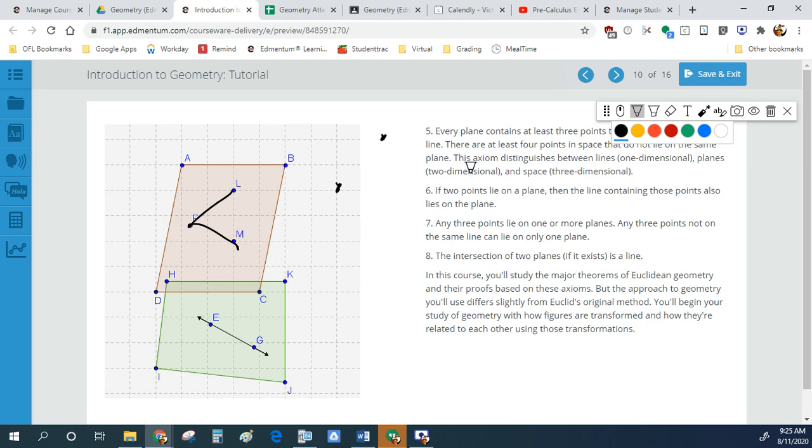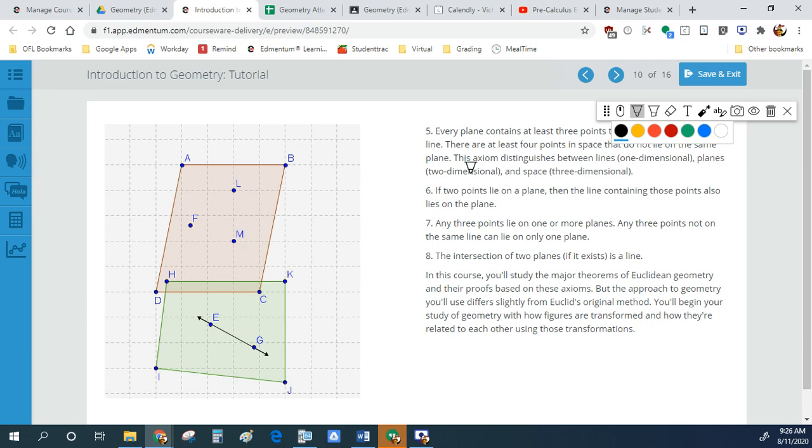They also have to be non-collinear. Non-collinear just means they can't be on the same line, because if they're all on the same straight line, you just have a line. You don't have a plane until you have 3 points that aren't on the same line.